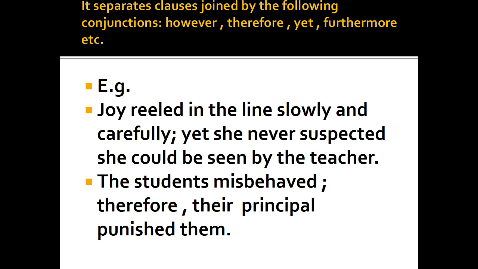You can see that "yet" here is our conjunction, and the semicolon comes before it. Secondly, the students misbehaved; therefore, their principal punished them. You can see that these two are separated by a semicolon, and it comes before the conjunction "therefore". So this is another use of the semicolon.